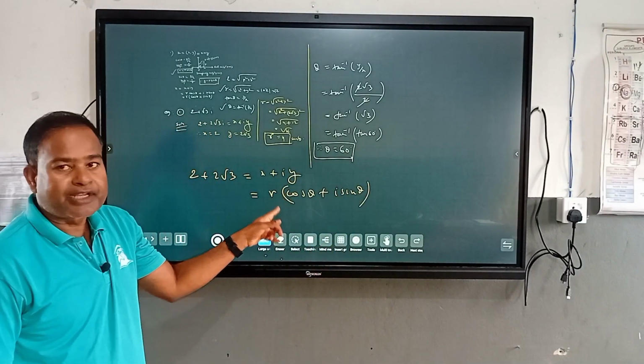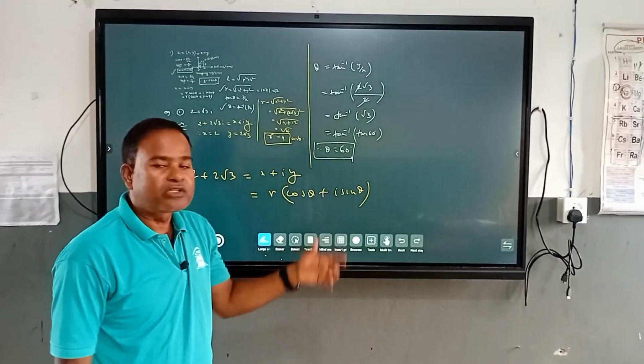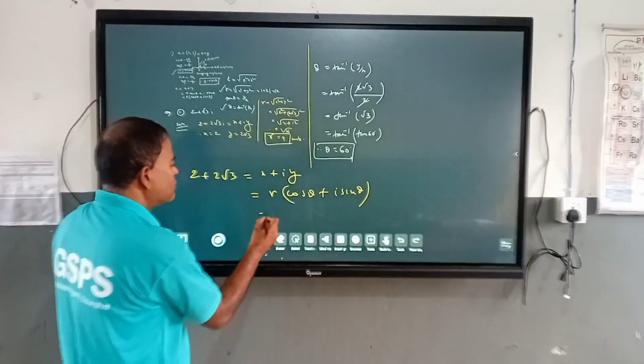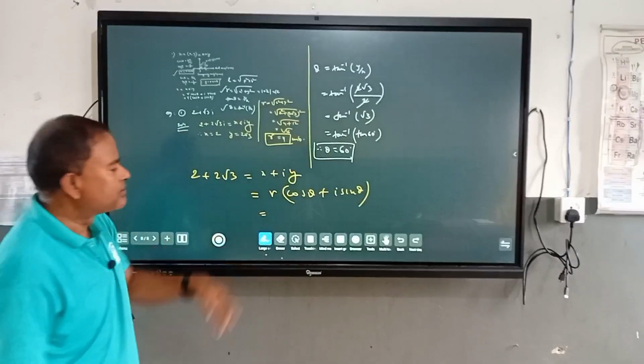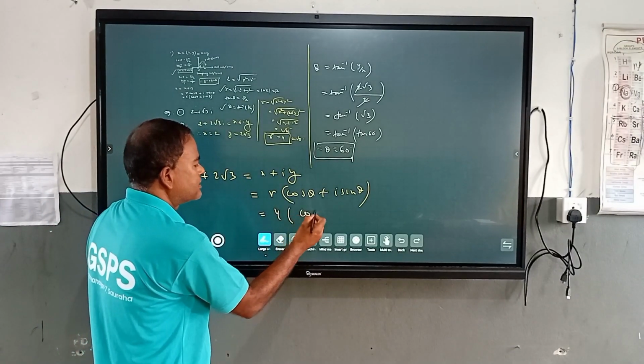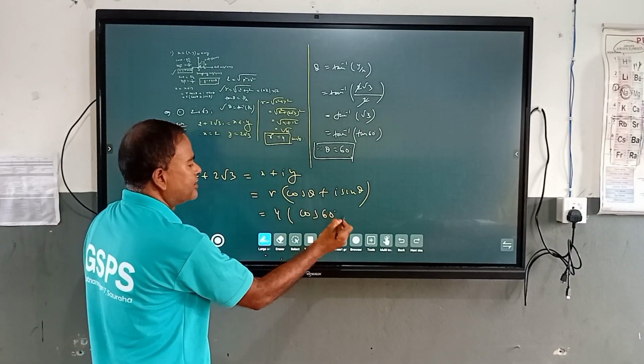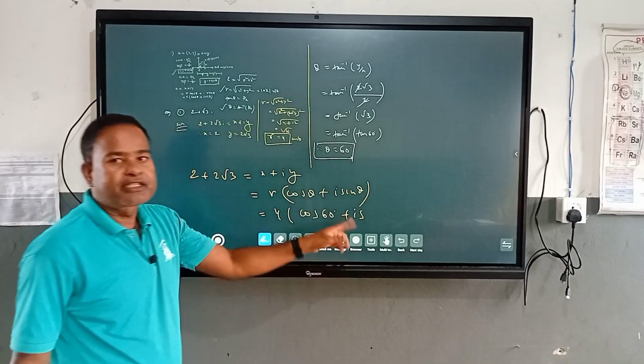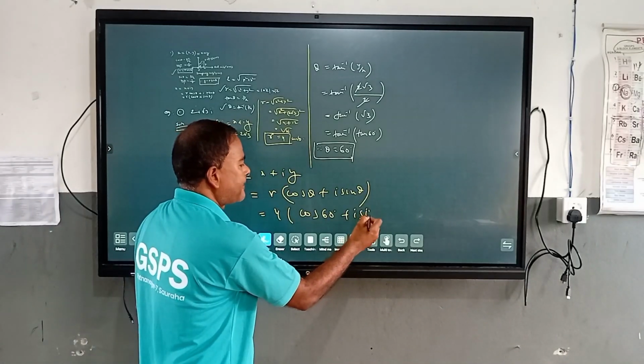So r times cos theta plus i sin theta is known as the trigonometric form. So let's put the value of r: 4 times cos theta, which is 60 degree, plus i sin theta, which is 60 degree.